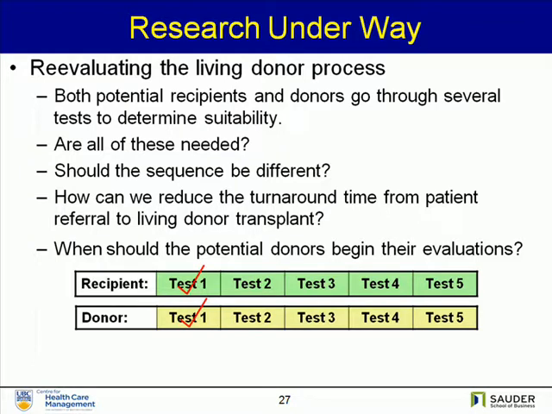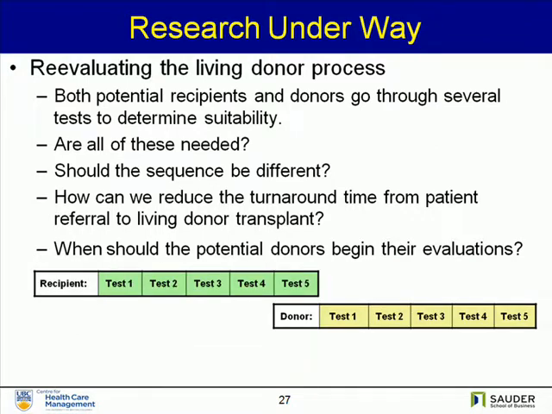The recipient and donor both pass through test 1 to determine eligibility, tests 2 and 3, but then in test 4, we find the value that comes out of this test makes the recipient ineligible for transplant. So what happens here is that we wasted many tests, okay, and the cost of these tests, the time involved, and the inconvenience for the donor, because it turns out that they just couldn't donate to this recipient. So it was a waste.